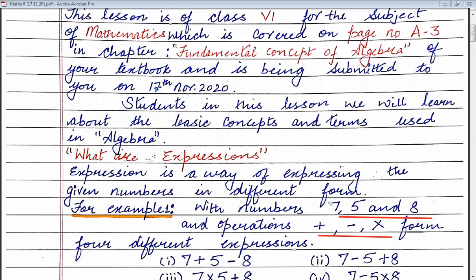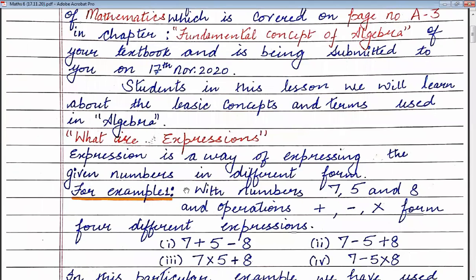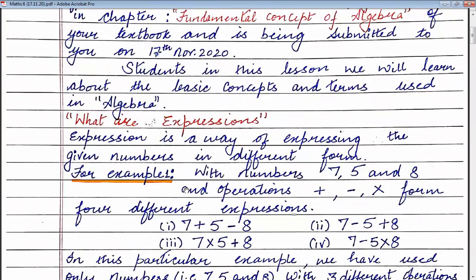Now, by using these three numbers and three operations, we have to make four different expressions. So children, here we go.